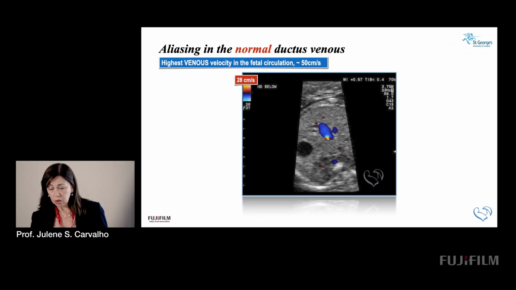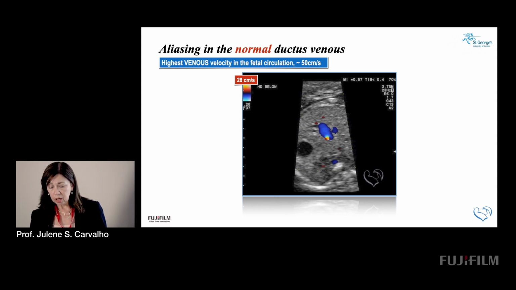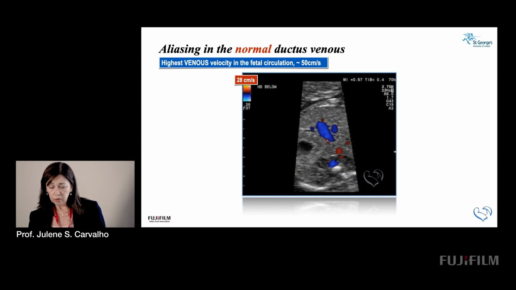The highest velocity in the venous circulation is that of the ductus venosus, which is around 50 centimeters per second if you are well aligned with the flow. So here we normally set the velocity. If you want to identify the ductus venosus, you set the velocity around 20-25 centimeters per second, depending on the gestational age, and you can see that you start with a very smooth color, laminar flow through the umbilical vein, and then you get that point.